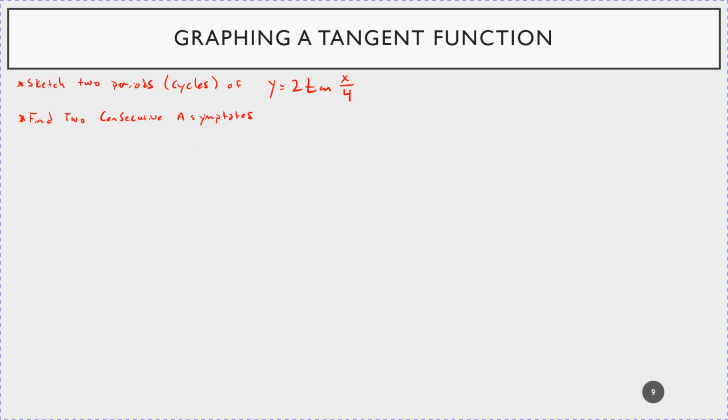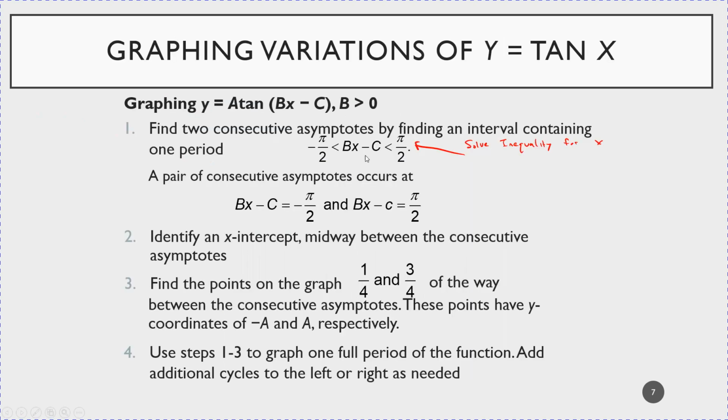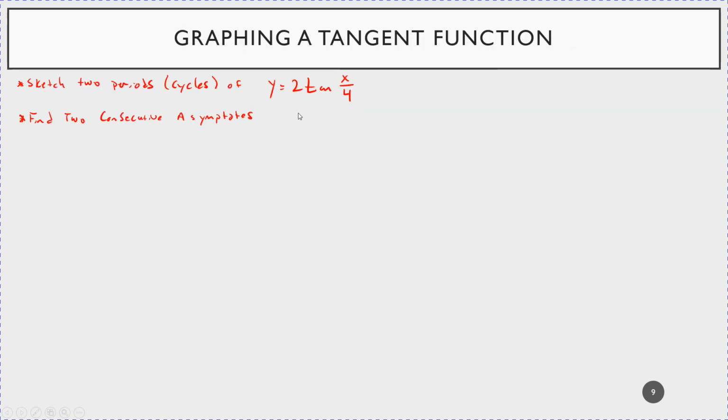All right, so look, you're going to have this inequality right here: -π/2, then whatever you have in here, which is just x/4, and then it has to be less than π/2. So how would you solve this?